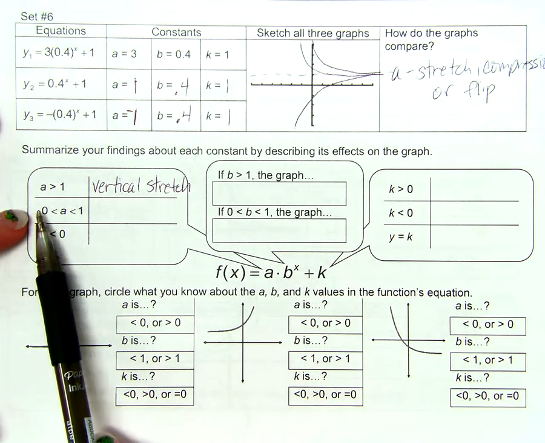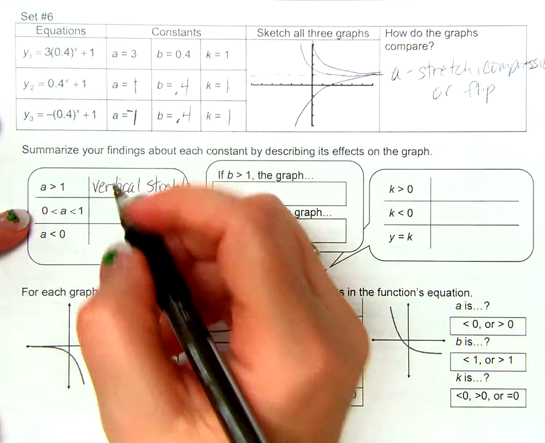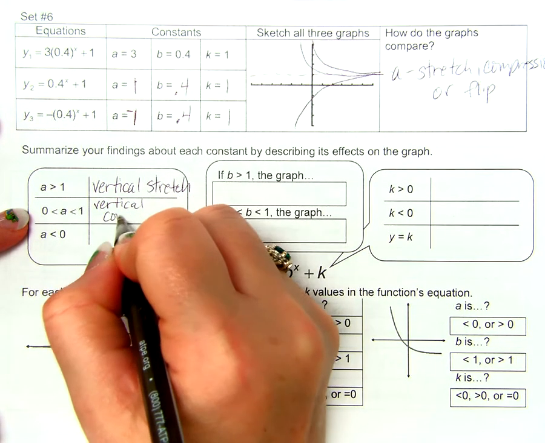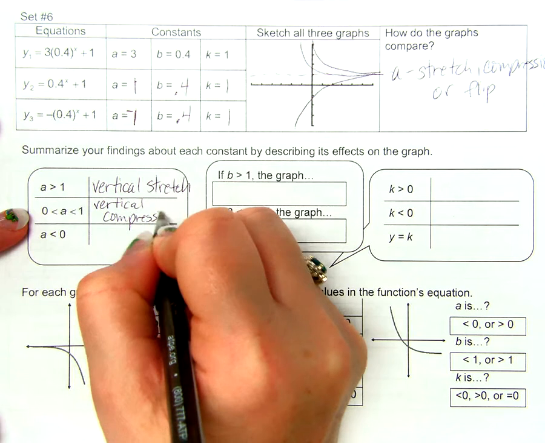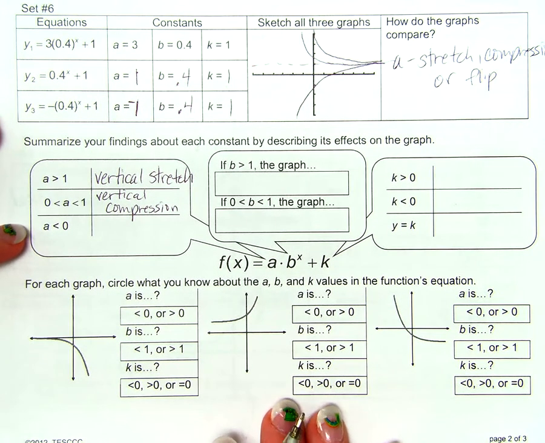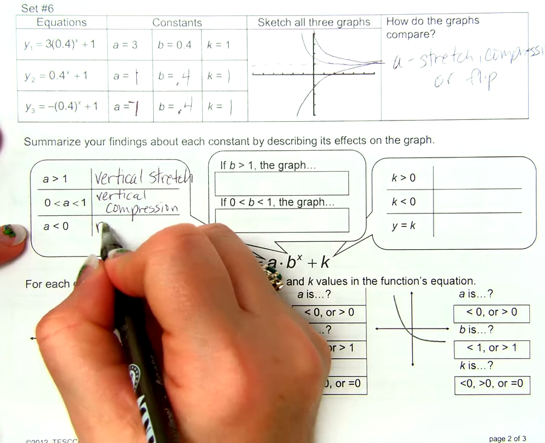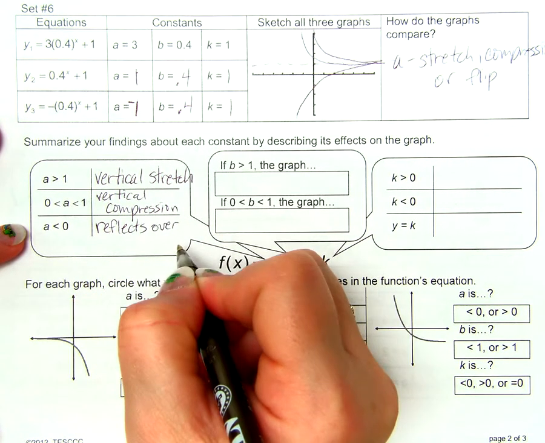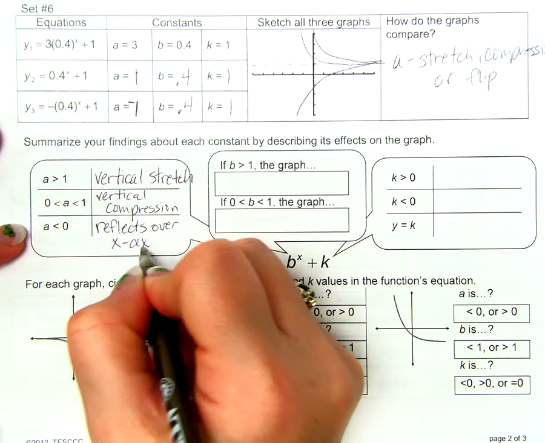What if A is between 0 and 1? Vertical compression. What if A is less than 0? Over what? X-axis, right? It reflects over the x-axis.